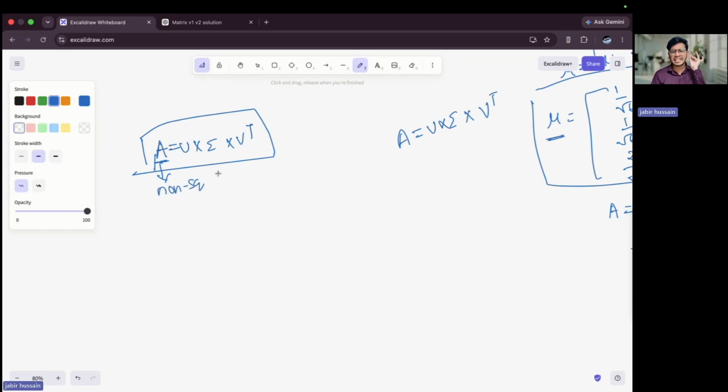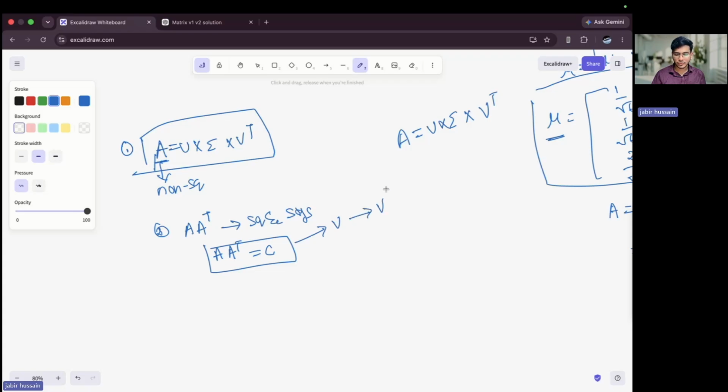SVD works for any matrix, unlike eigendecomposition, which only works for square matrices. Now the second formula to remember: AT A gives you a square and symmetric matrix, and we consider it equal to C, and from this you get V, and from V you get VT, and from this you also get lambda.